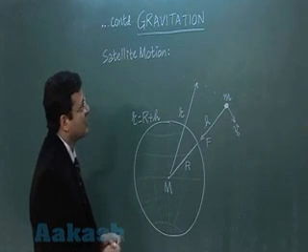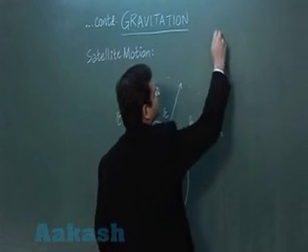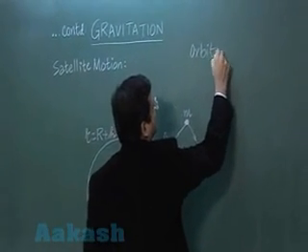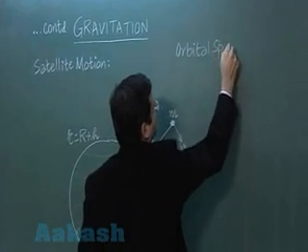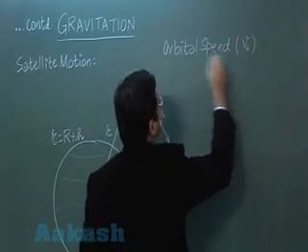Now first let us talk about the orbital speed of the satellite. We are denoting it by VO.